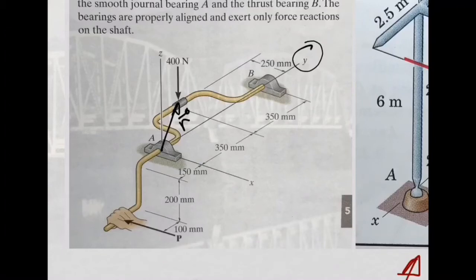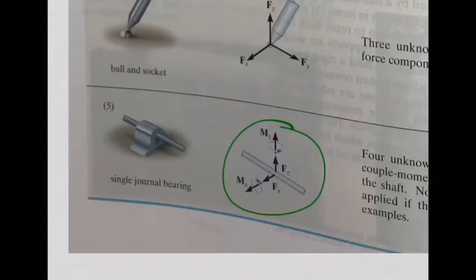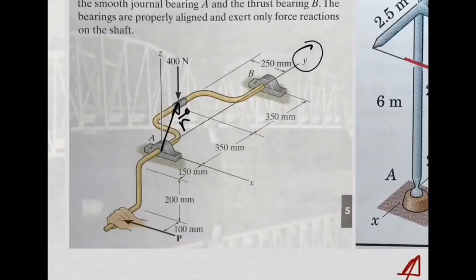So you tell me, what is the x component of this vector? Minus 250, right? Why is it minus? Because look, this is going to be your x component, which is opposite with x. That's why you have minus.